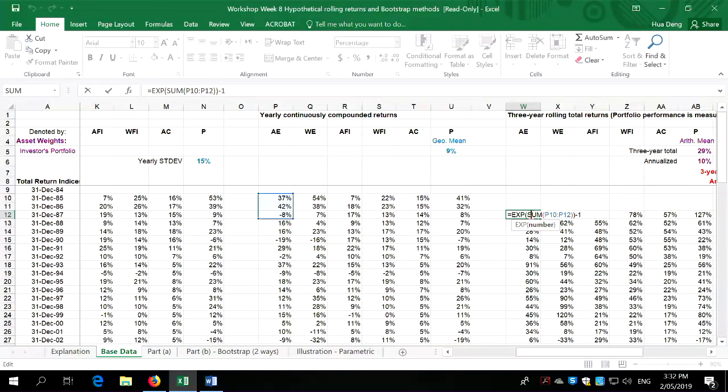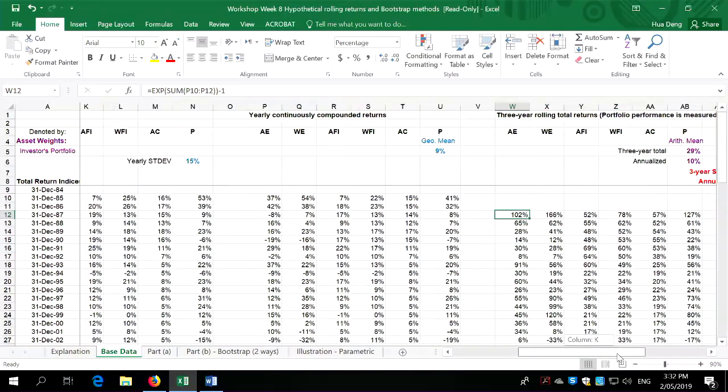So that's why I take the exponential of the continuously compounded total returns over 3 years minus 1 to convert it to the period return or simple return. That's the return investors are going to receive after holding that portfolio for 3 years. That's actually the investment experience of the investors.